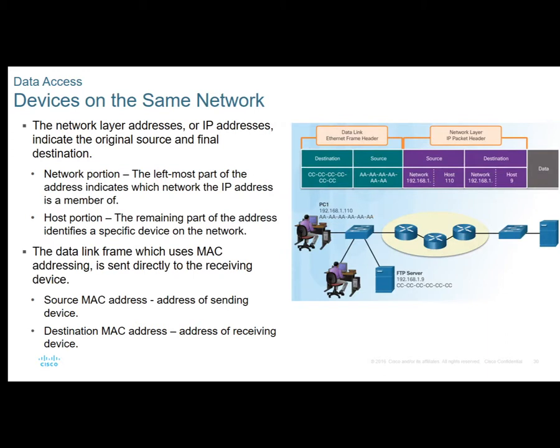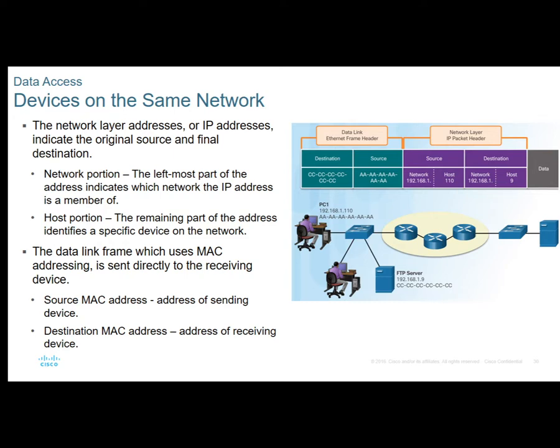Data access, devices on the same network. The network layer addresses, or IP addresses, indicate the original source and the final destination. The network portion, the leftmost part of the address, indicates the network the IP address is a member of. And then the host portion, which is the remaining part of the address, identifies a specific device on the network.